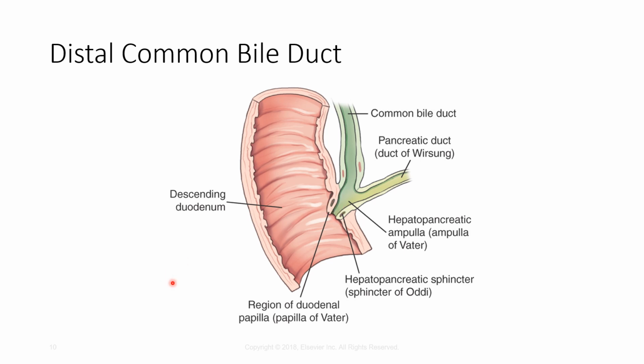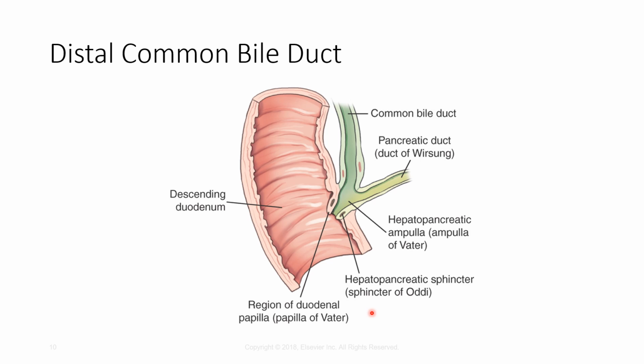So these terms in parentheses, they do like to use on the registry, so just be mindful of that. I would study both terms on here, the current terminology and the older terminology. Typically Wirsung, Vater, and Oddi were the doctors who first identified or visualized those areas.